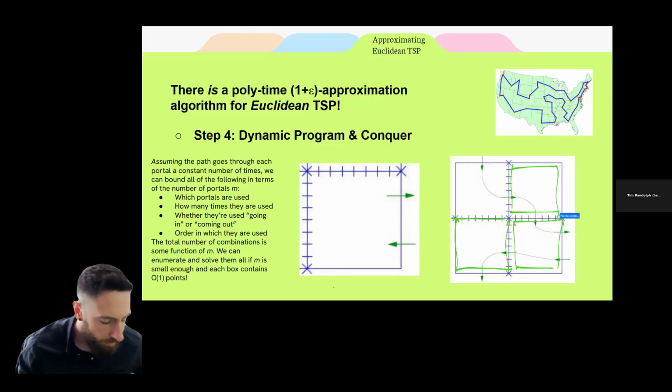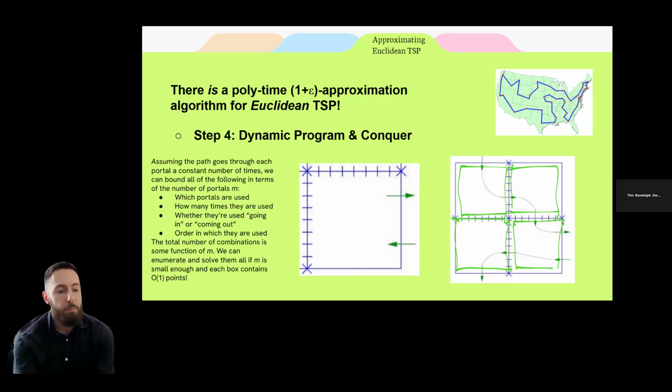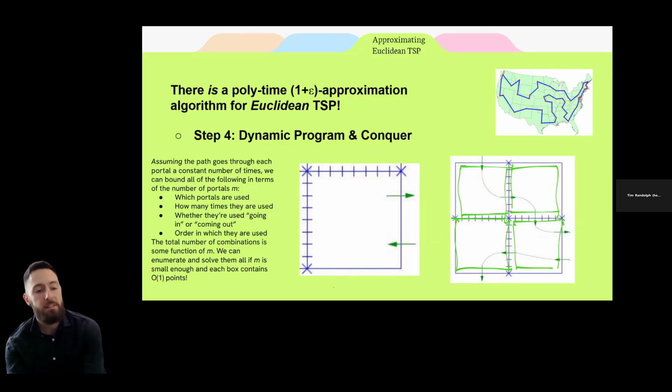That is, we'll look through all quadruples of optimal solutions that require our path to enter and leave these sub-boxes in specific places. We'll then look at all the quadruples that are compatible with each other, meaning the path exits one box right before it enters the other box, and then we will compute the best solution from all of those, which will give us essentially our solution for the next level of boxes up.